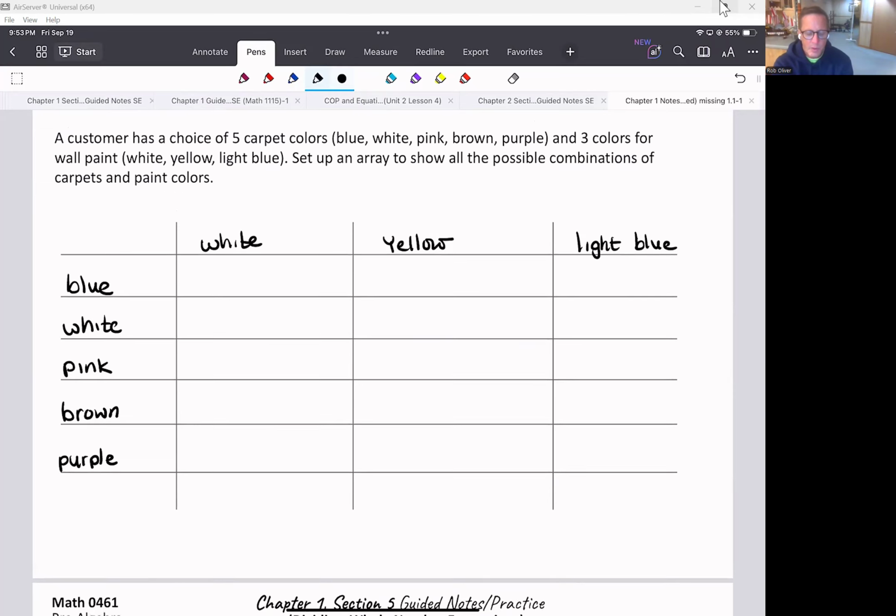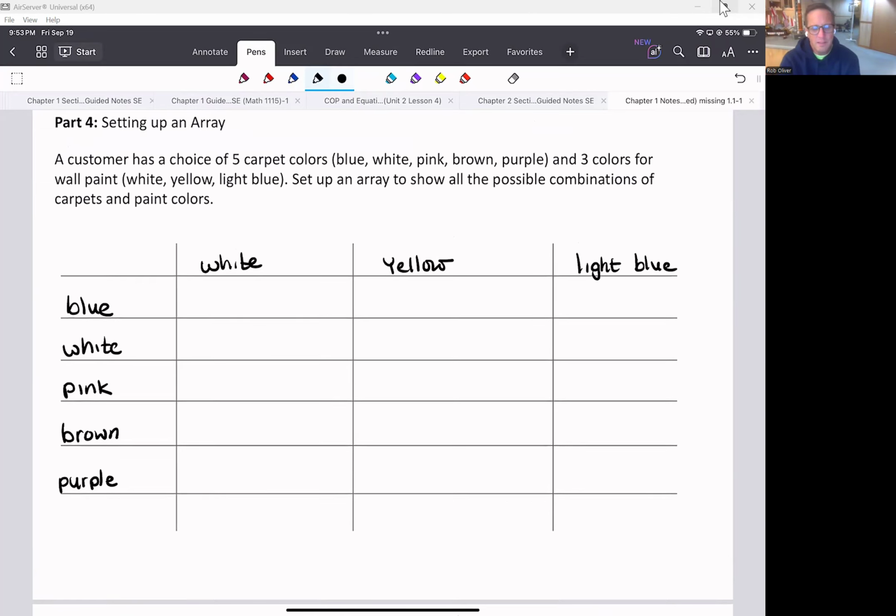This is in the multiplication section, but this is more or less a probability strategy. A lot of times in probability, when you want to figure out outcomes, you set up an array. Ultimately, a lot of times when you're doing probability problems, you're looking for the product of outcomes, and it has to do with factors.